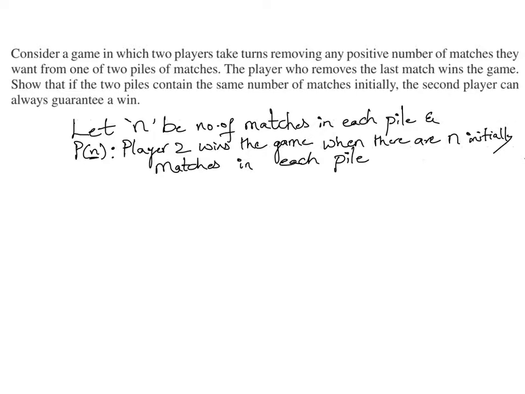So what does it mean? P of n means player 2 wins the game when there are n matches. See here, P of n means n initial matches in each pile. Now I need to prove this P of n.